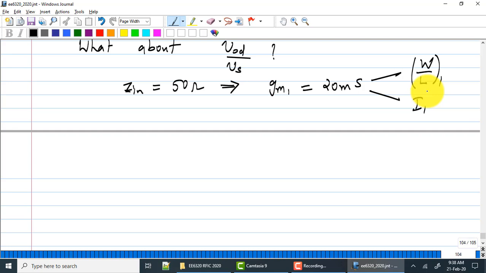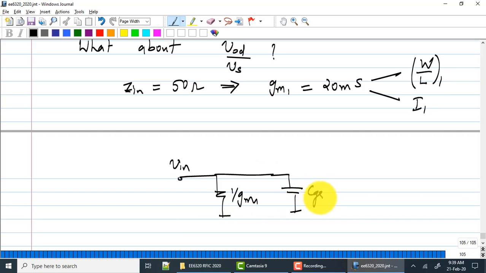If C is 10 times larger than CGS2, you can see that the capacitance in parallel with what you have here, 1 over GM1, you have something like this inside the bandwidth of operation.